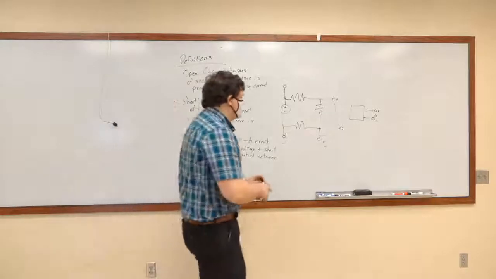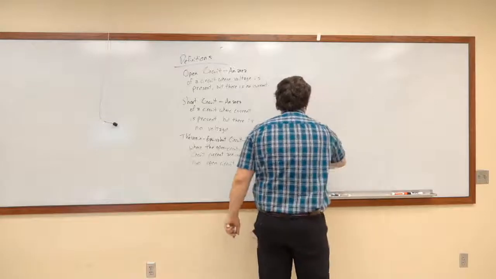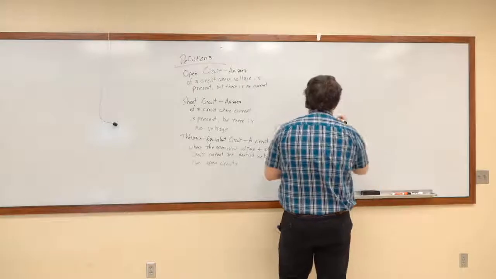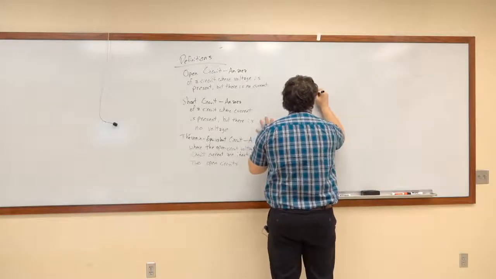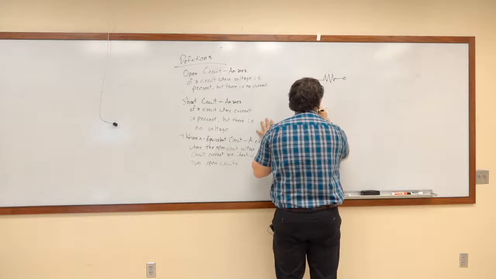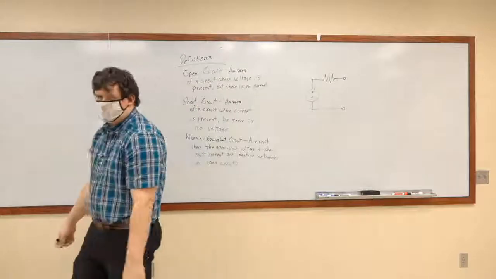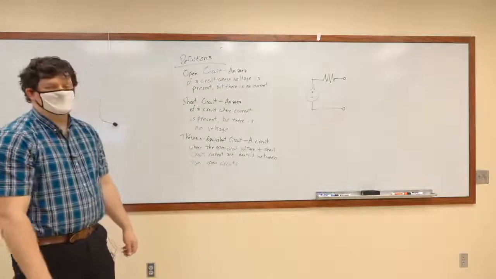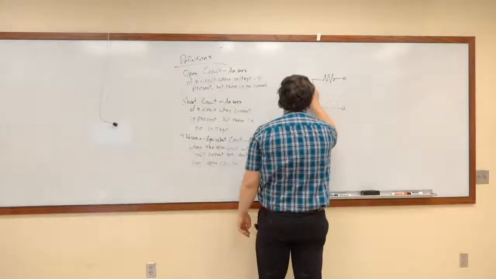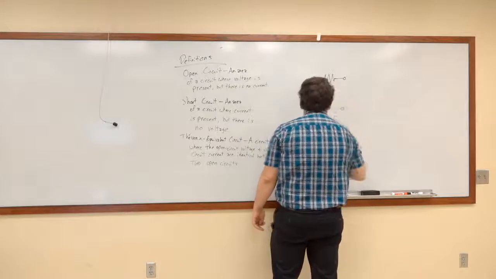So a Thevenin equivalent circuit says, I'm going to take this big circuit here, and I'm going to make it look like this. And that's it. That is a Thevenin equivalent circuit. It has a voltage, V Thevenin, and it has a resistance of R Thevenin.